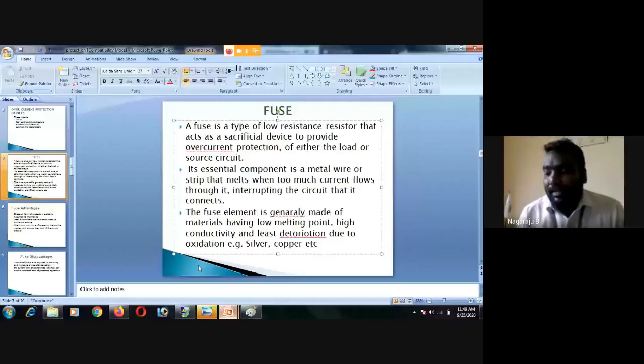So the purpose of a fuse is to clear the permanent faults by removing the defective segments of a line or equipment from the system. What I mentioned on the PPT I have briefly enhanced.